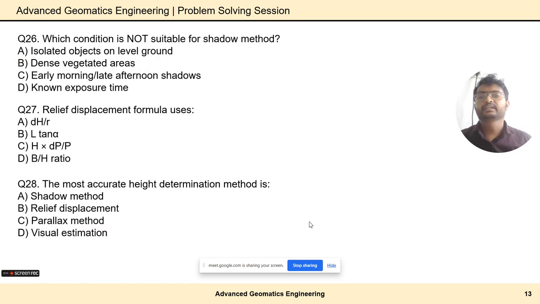The next one: which condition is not suitable for the shadow method? Which cases is the shadow method not applicable?